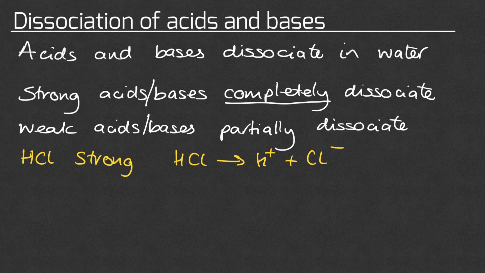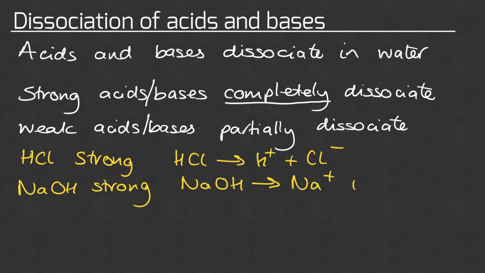So for example, hydrochloric acid is a strong acid. We can see from the equation that all of the HCl has dissociated into H+ ions and Cl- ions. Sodium hydroxide is a strong base. We can see, like with the acid, it has completely dissociated into sodium ions and hydroxide ions.